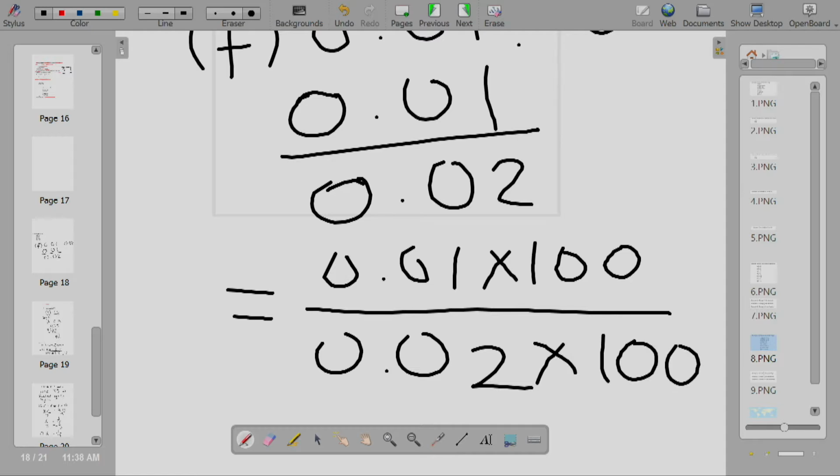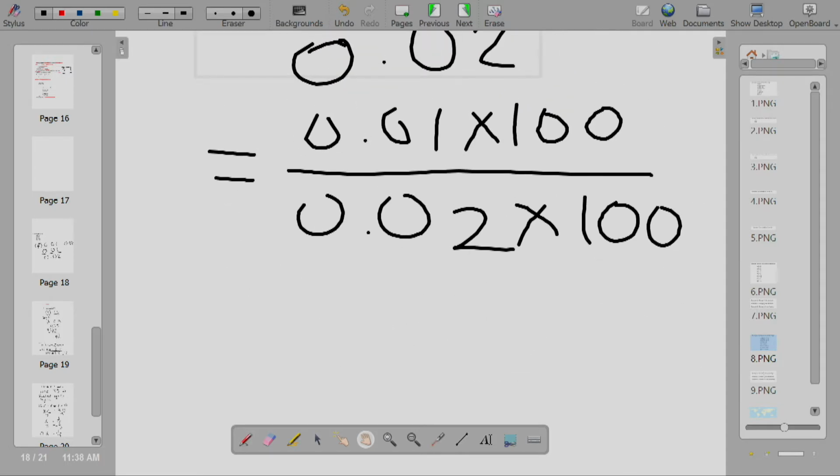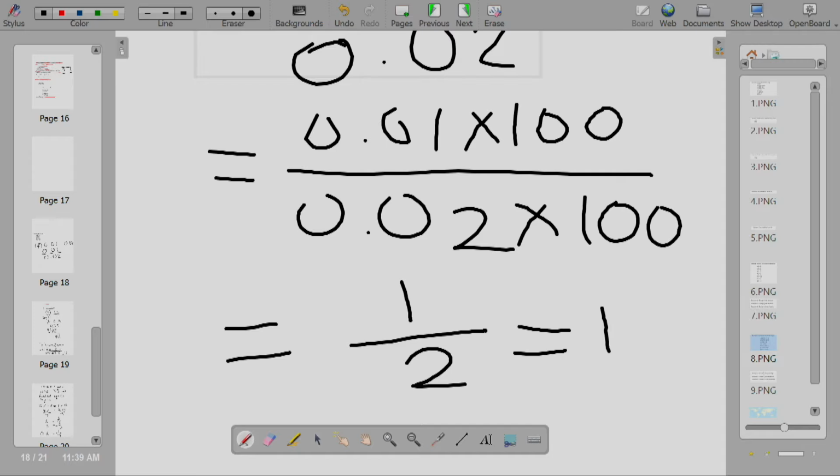If you multiply 0.01 by 100, the answer will be equal to 1. And if you multiply 0.02 by 100, we will get 2. So if you divide 1 by 2, the answer will be equal to 0.5.